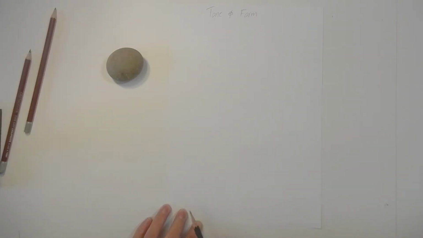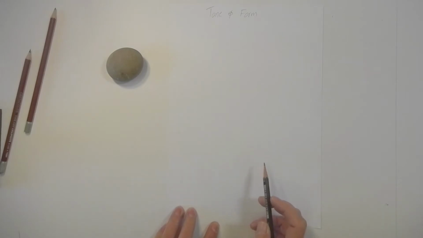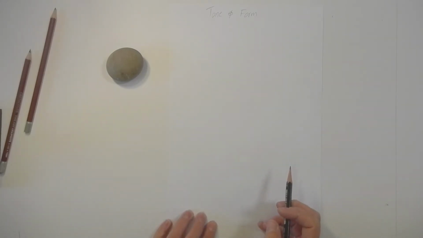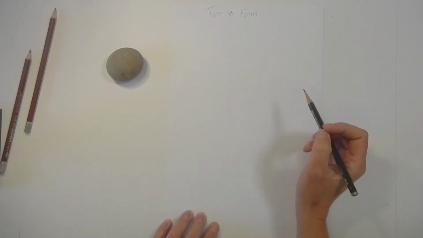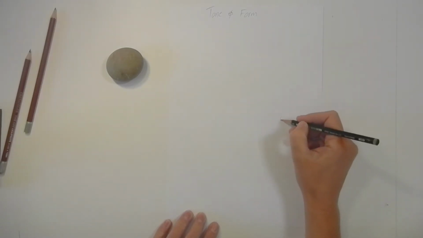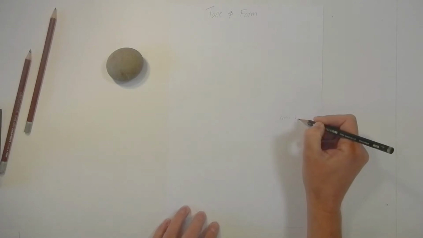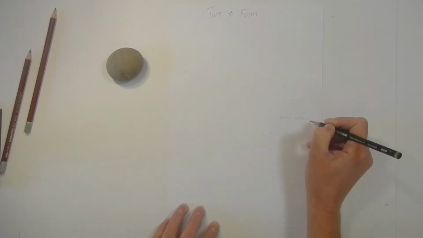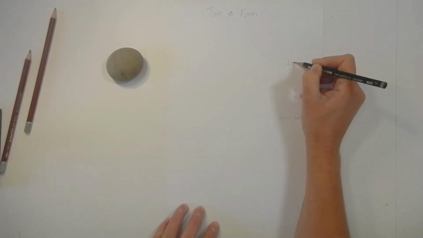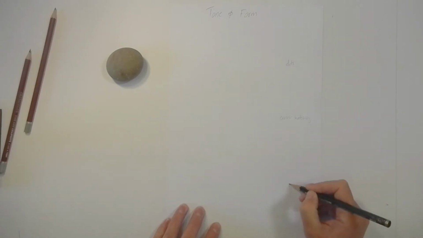We are just practicing the tone. Now, the 3 different types of tone that we are going to demonstrate are going to be cross-hatching, dots, and smooth shading.